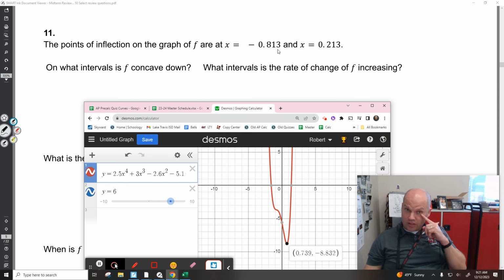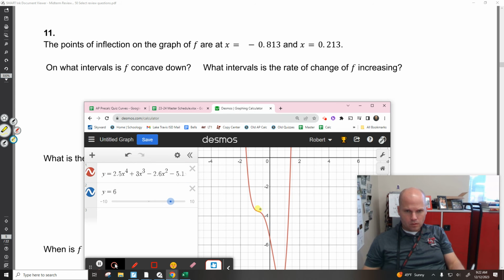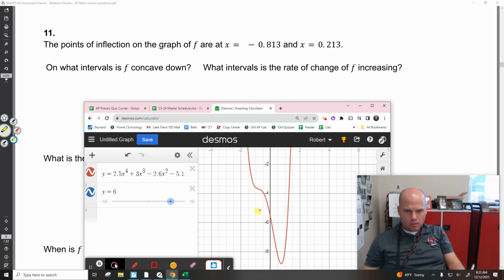Here are the points of inflection. Let me just label these. -0.813 is that actual point right there. That's a point of inflection. And 0.213, which is right around there.